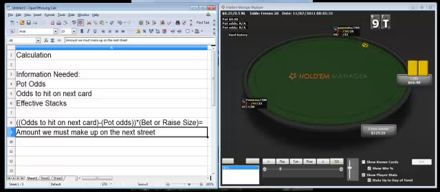So if you're on the flop, you will have two streets to get value out of your hand. Let's say you have a flush draw. If you make your flush on the turn, you can extract value on the turn and river. If you're on the turn, you're only going to have the river to extract on, that's another thing to consider.